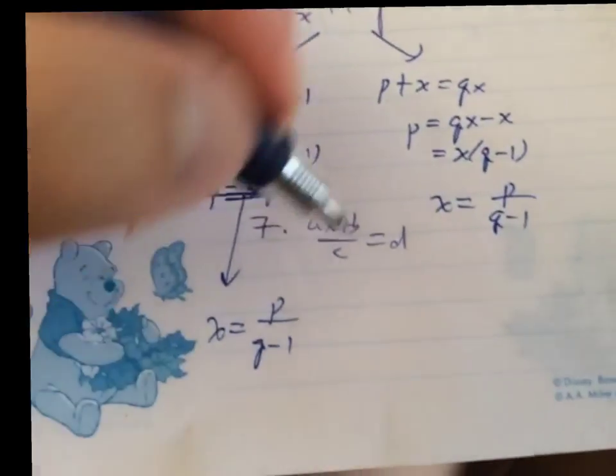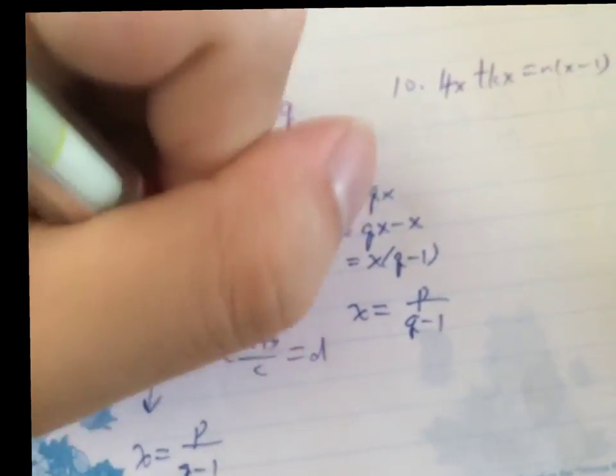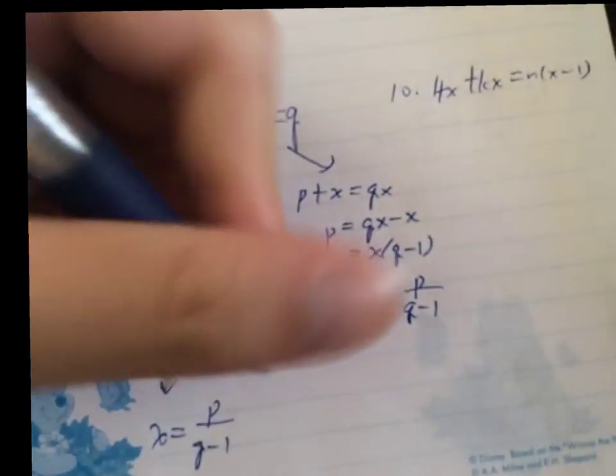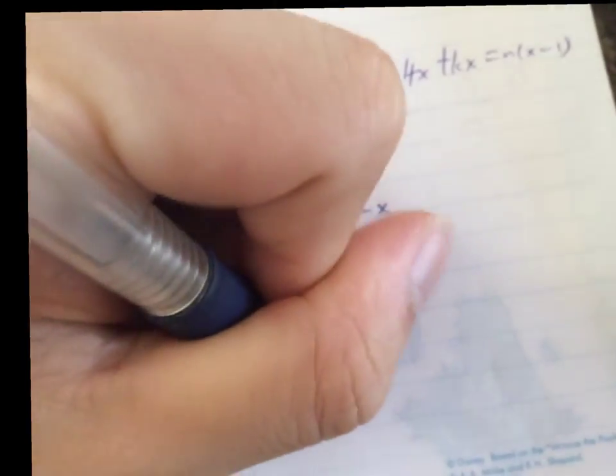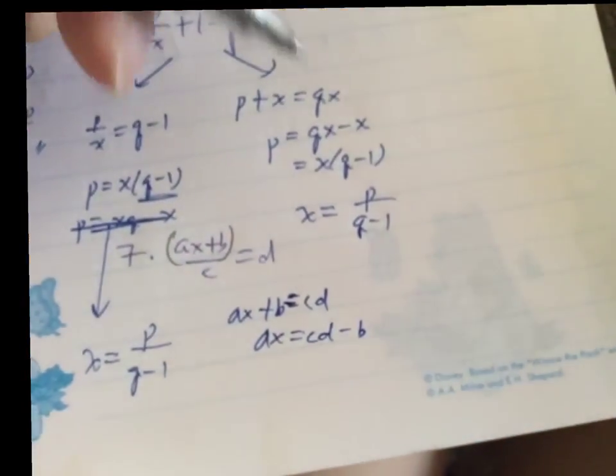Number 7, ax plus b, this is a whole numerator, whole factor. You multiply c to the right hand side first, and then you can move the b to the right hand side, and you can move a to the denominator of the right hand side.